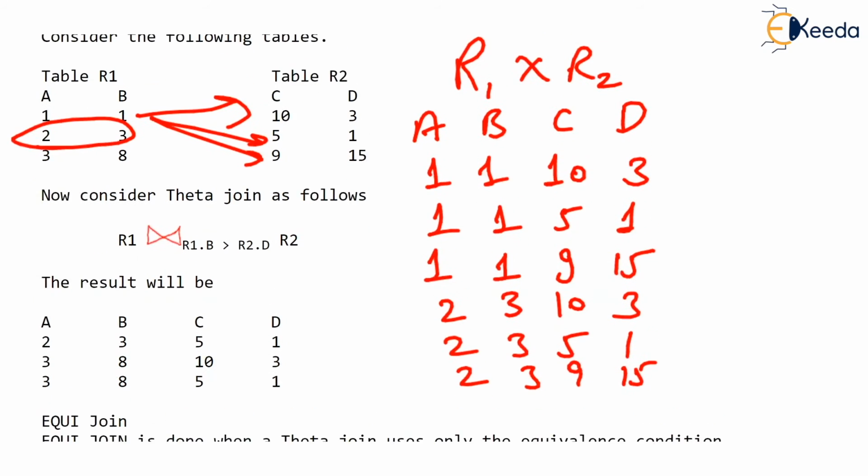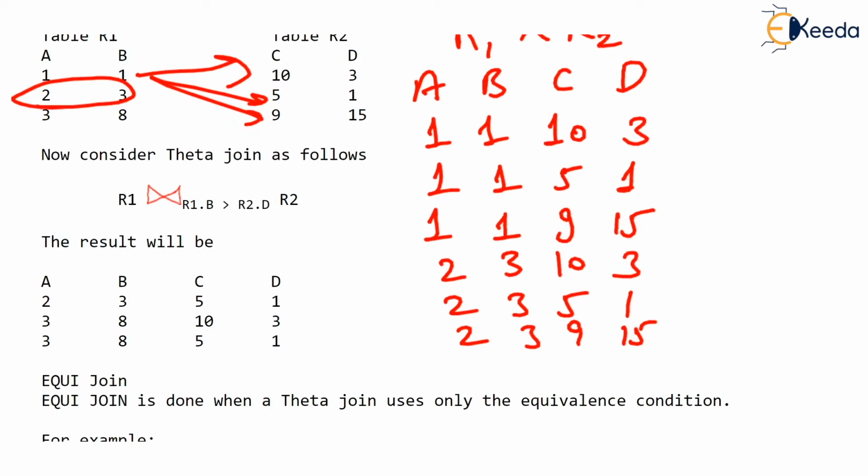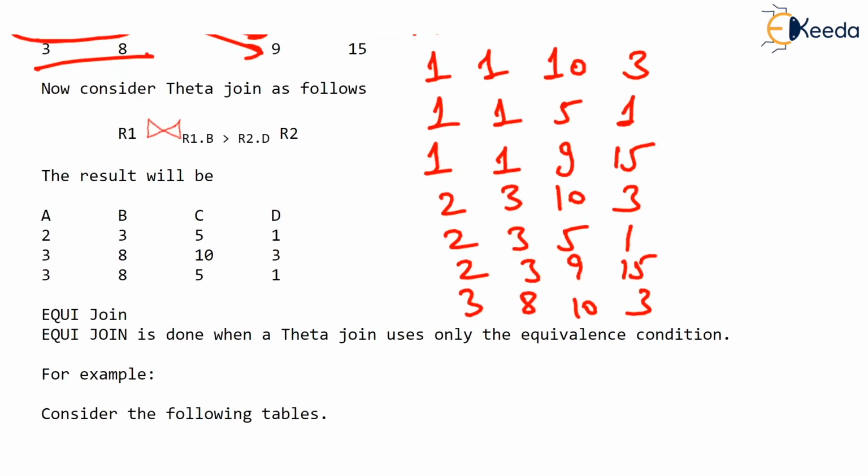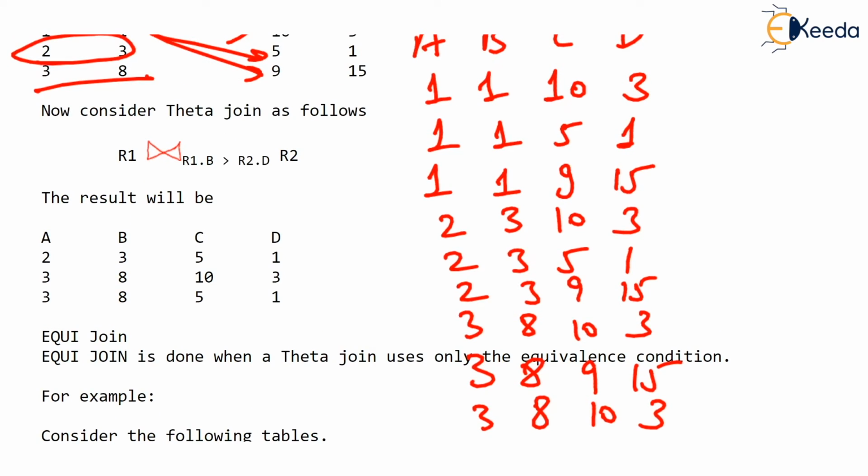And finally, this row 3, 8 will be joined with all: 3, 8, 10, 3, 3, 8, 5, 1 and 3, 8, 9, 15. So this is the result of R1 cross R2.